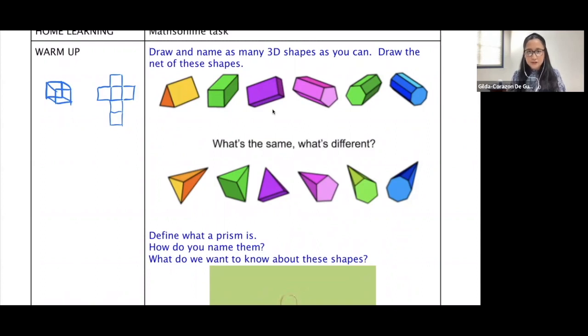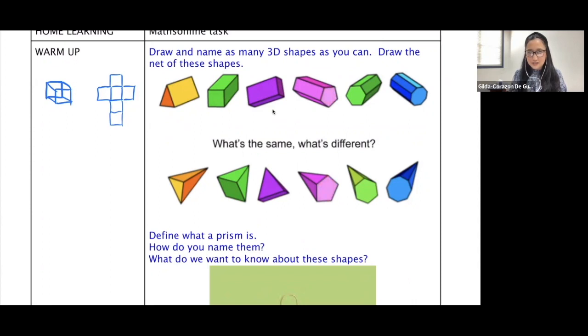All right, so if you would have guessed what's the same, what's different, well, looking at this one here, this one would have the same shape, right? That one's a square, that's also a square there. That one's a rectangle, that one is also a rectangle there. This one's a pentagon and a pentagon here.